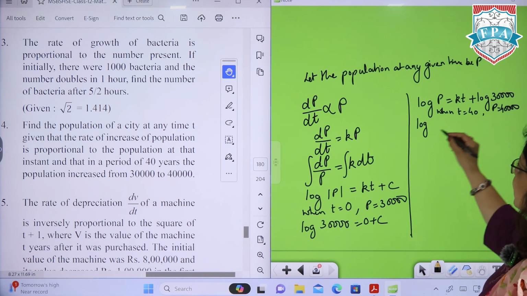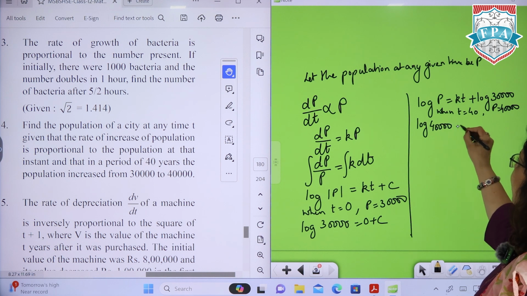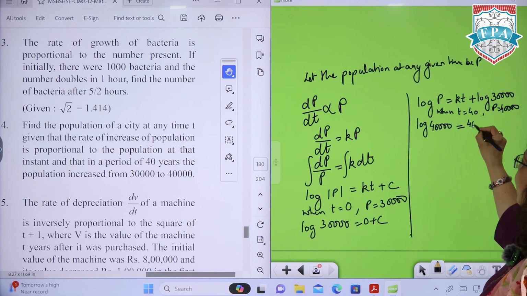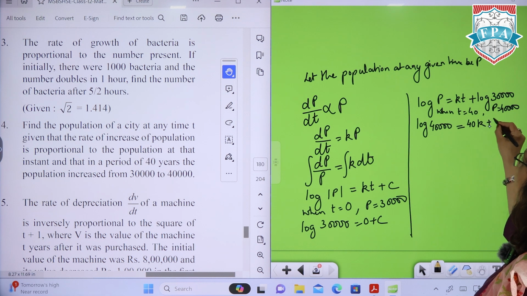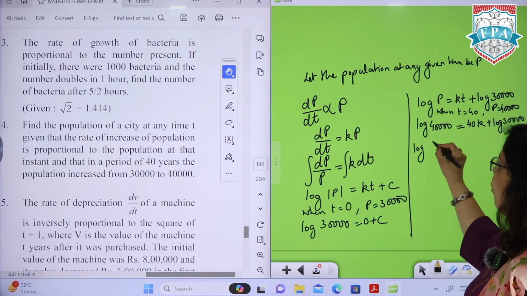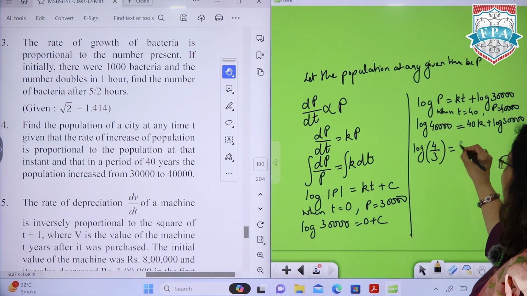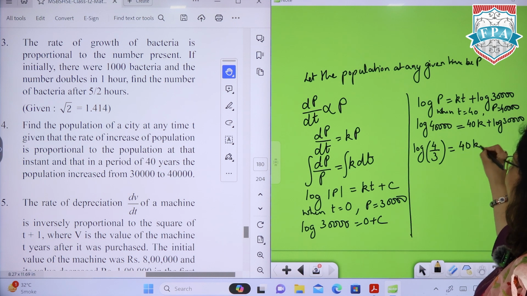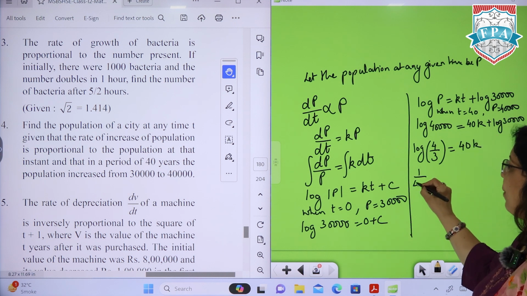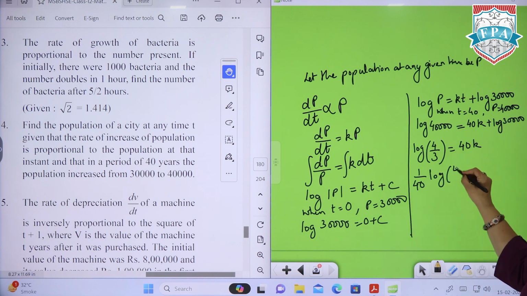So when we use this, log 40,000 is equal to 40k plus log 30,000. Switch log 30,000 to this side, and you get log 4 by 3 equal to 40k, and then you can write 1 by 40 log 4 by 3 is equal to k.